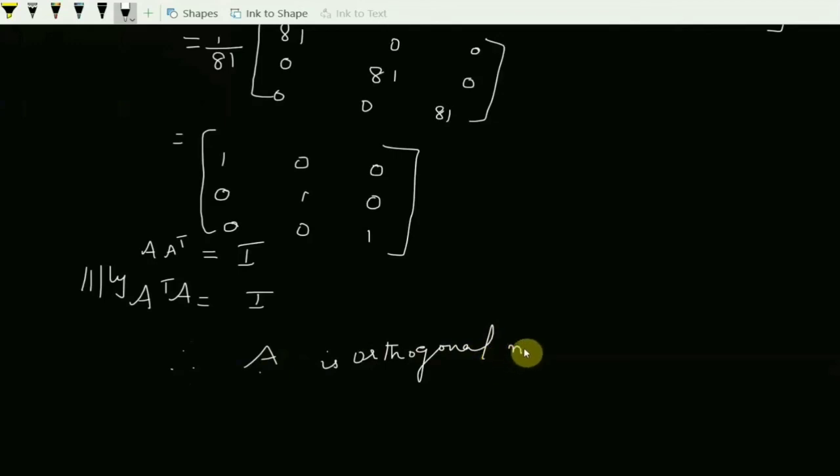Since it is orthogonal, A inverse is equal to A transpose. Hence we have proved. Okay. Thank you.